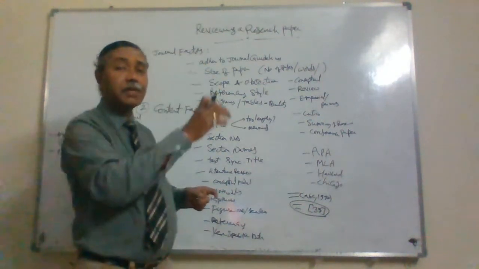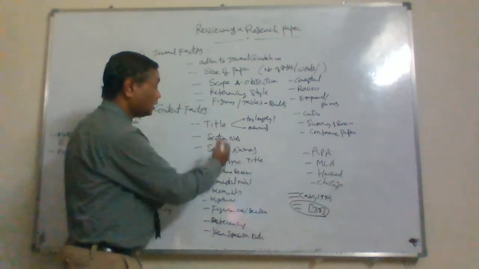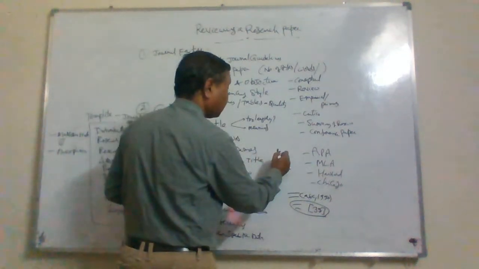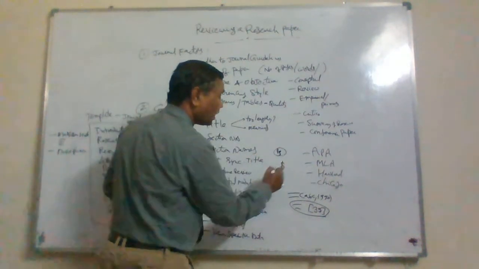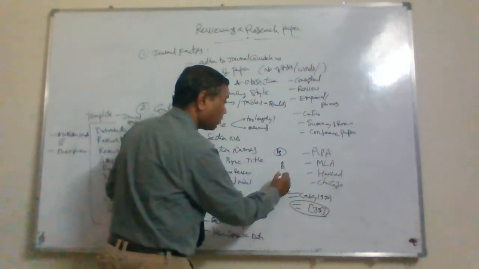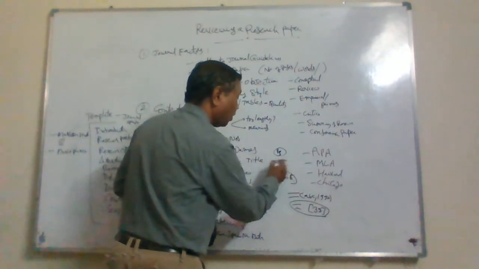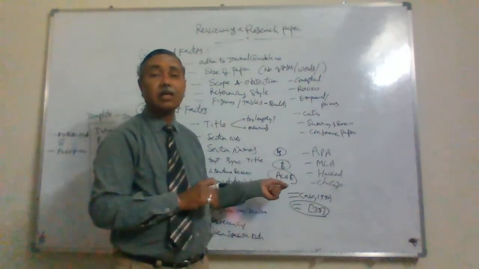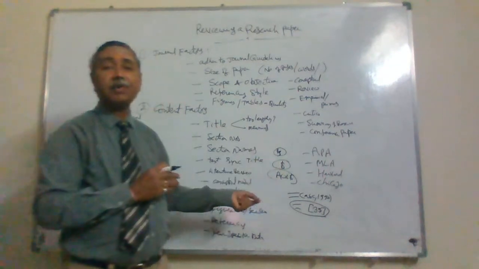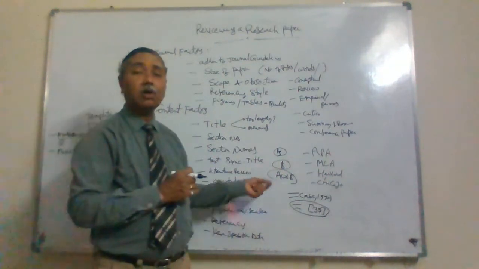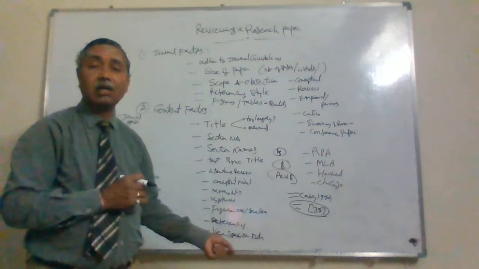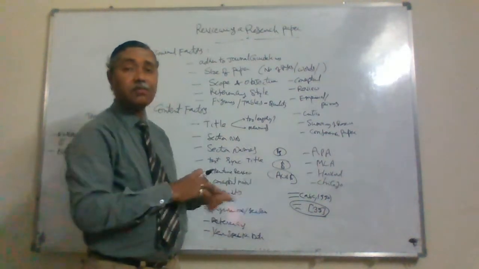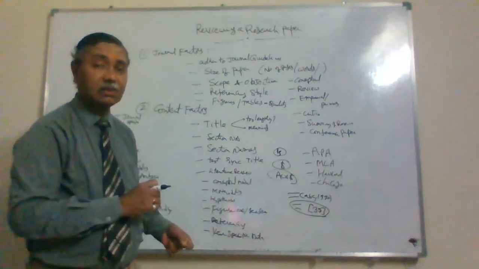Also uniformity: for example, in a finance or entrepreneurship paper, currency is specified. Sometimes rupees is used, sometimes dollar, sometimes Australian dollar. They should be in sync. One currency should be used; if you are submitting to an international journal, better to keep the same currency across the paper. So uniformity should be there with respect to these things.